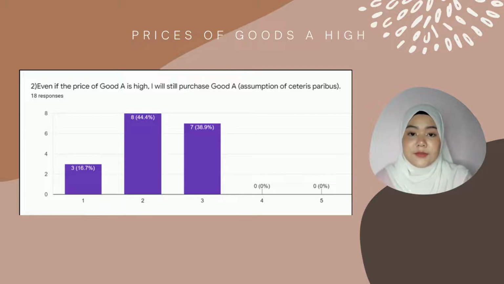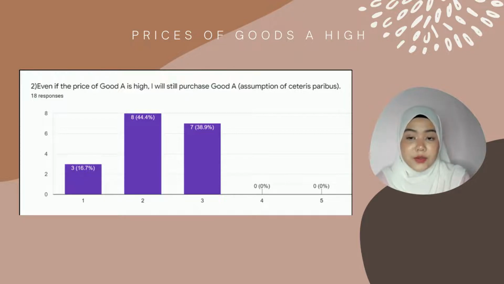Even if the price of item A is high, I will still buy item A. Among the 18 respondents, the options indicated were strongly disagree, disagree, and moderate. In this case, the lowest number of respondents is strongly disagree, which is 3 respondents, or the equivalent of 60.7%.